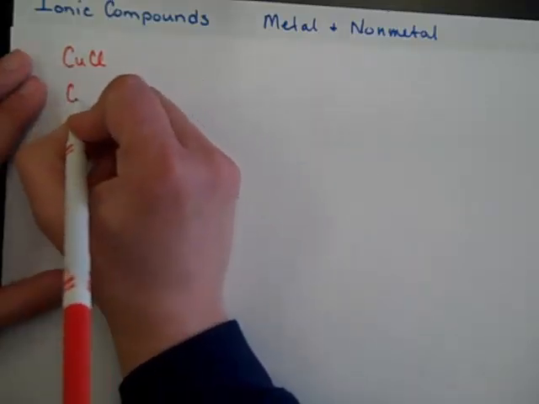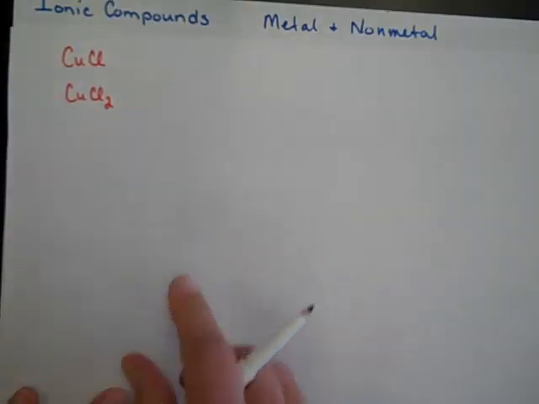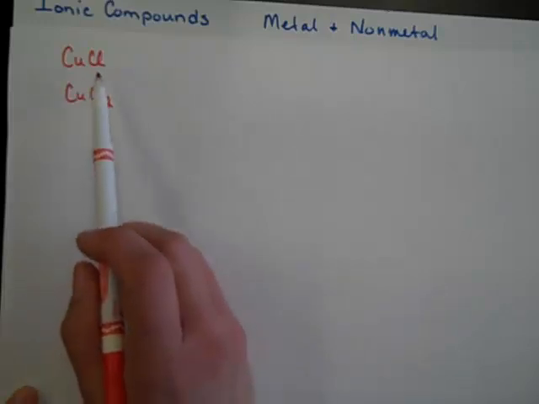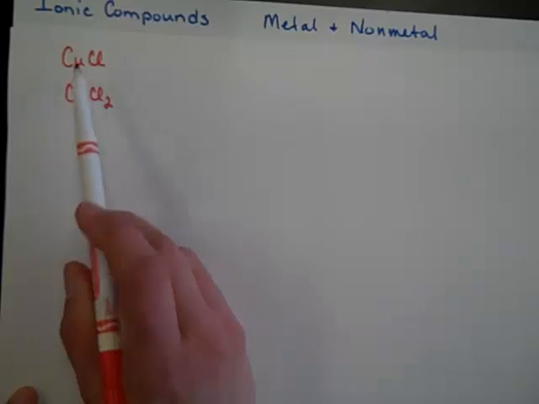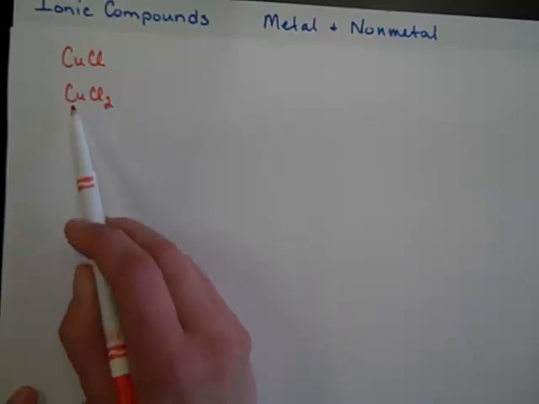We can also write a copper chloride with 2 chlorines. So if chlorine has a -1 charge, it can have 1 chlorine bonded with copper if copper has a +1 charge. Or if we have 2 chlorines, that must mean that we have 2 total negative charges. And so copper then must have a +2 charge in this particular compound.